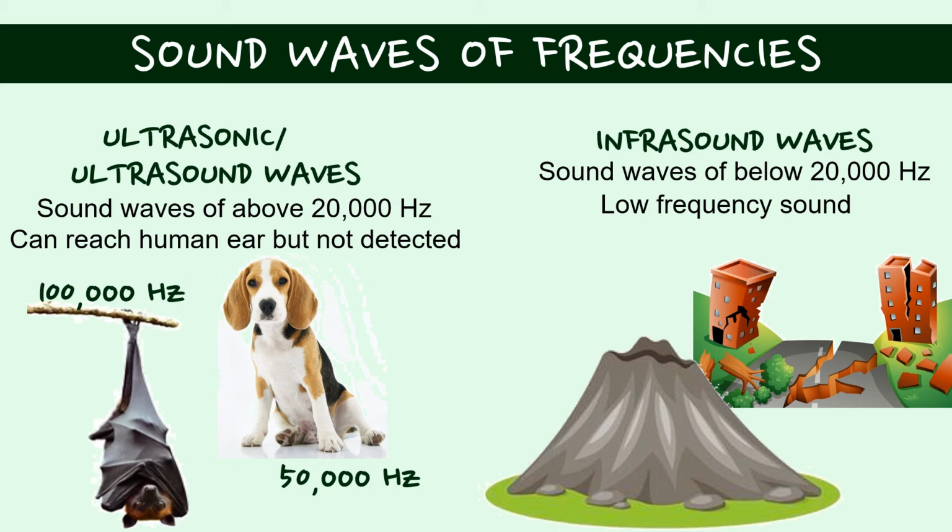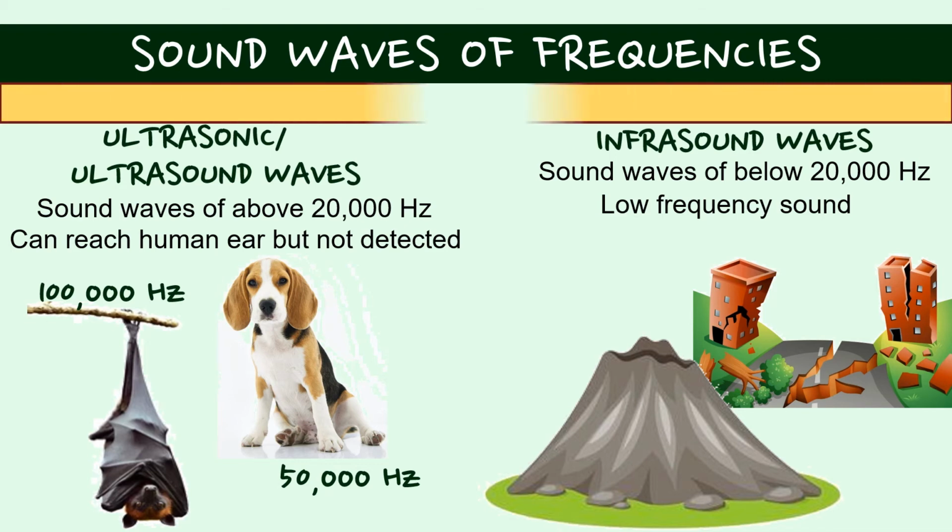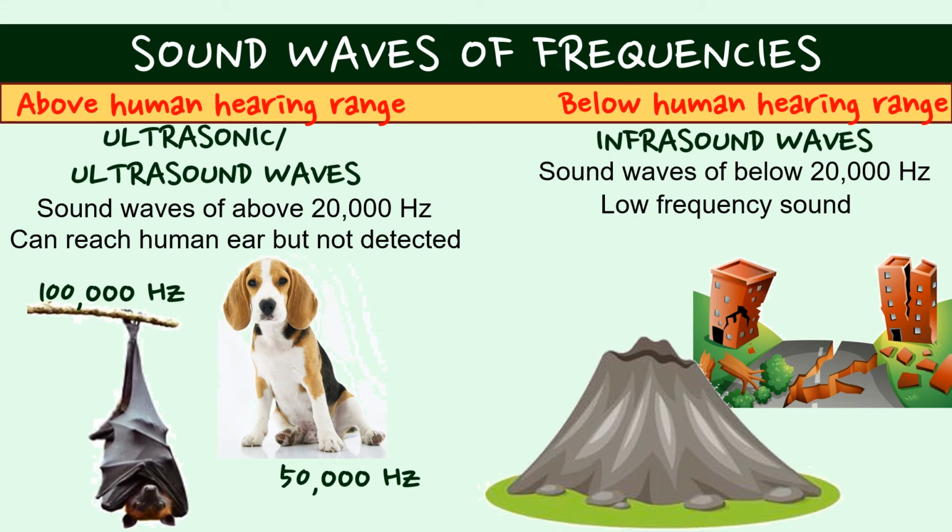Any sound with a frequency below the range of human hearing is known as infrasonic, and any sound with a frequency above human hearing range is known as ultrasound. So the frequencies of sounds eventually differ from each other.